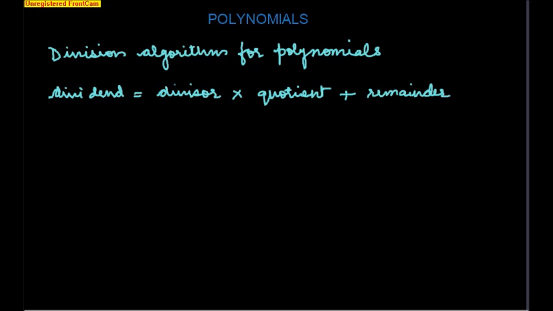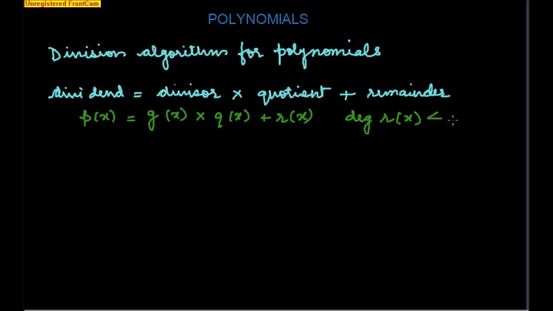Now, for the polynomials, we write the same thing as px equal to gx into qx plus rx, where the degree of rx is less than degree of gx.